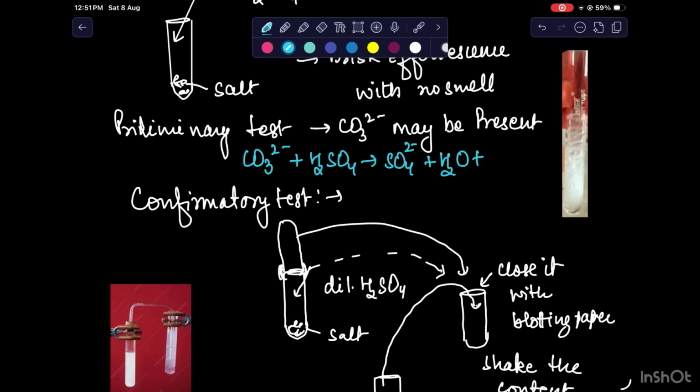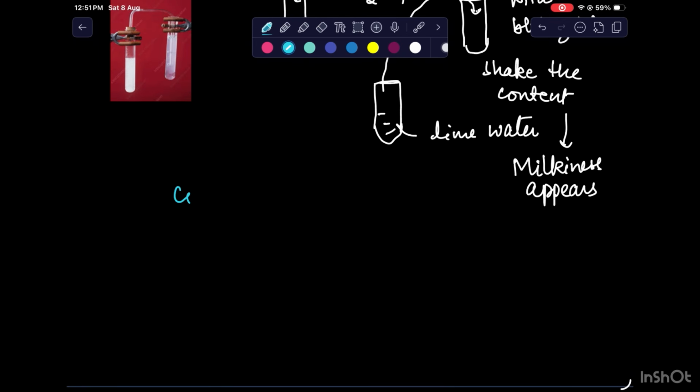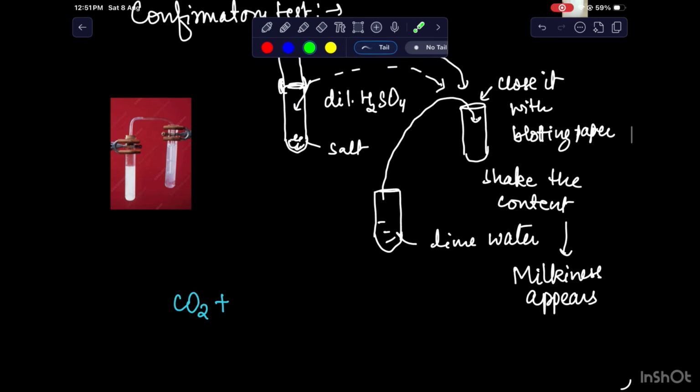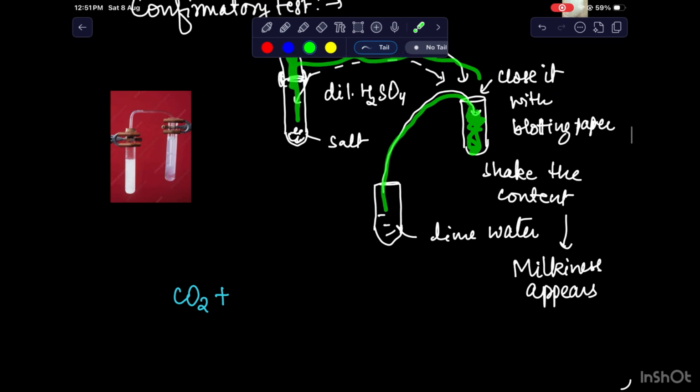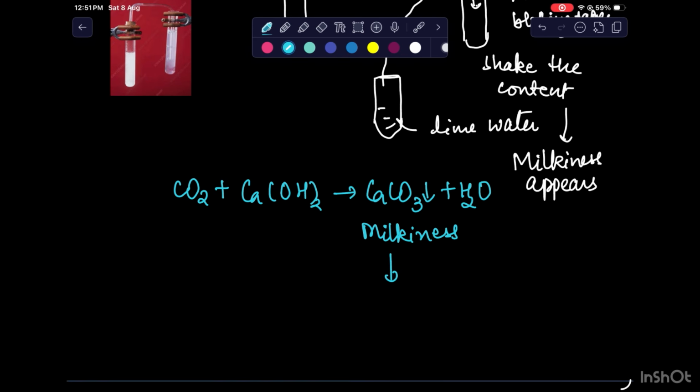When carbonate reacts with H2SO4, CO2 is formed, because of which we observe brisk effervescence. This CO2 when it reacts with calcium hydroxide, CaCO3 will be formed, and CaCO3 is water insoluble, and that is why it causes milkiness.